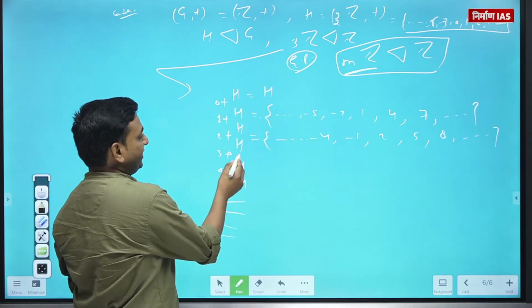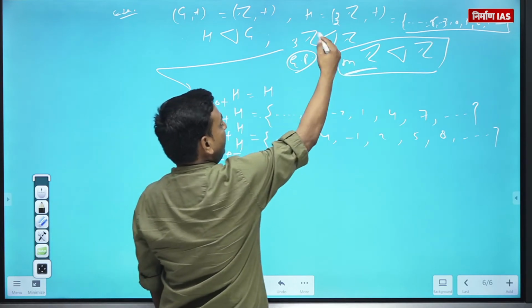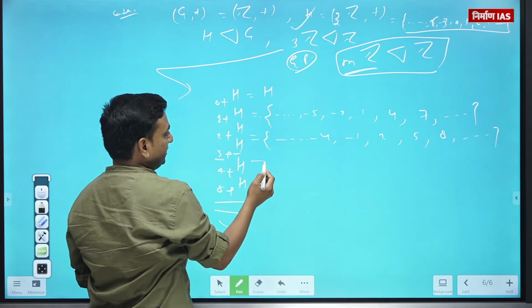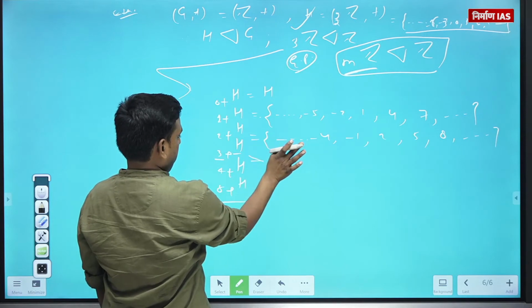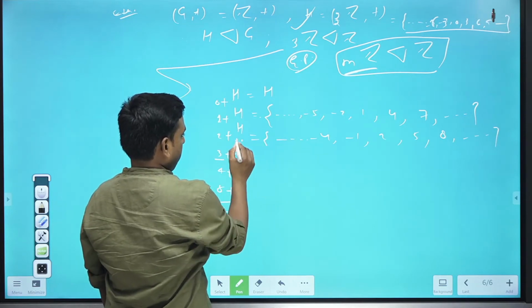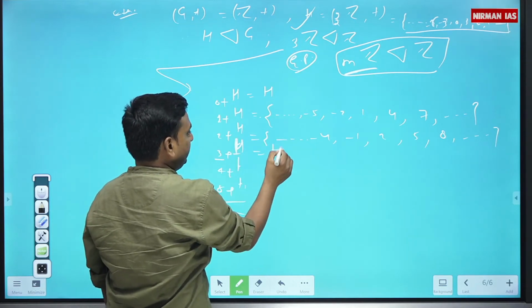What is 3 plus H? 3 is an element inside H already, so 3 plus H will be nothing but H only.